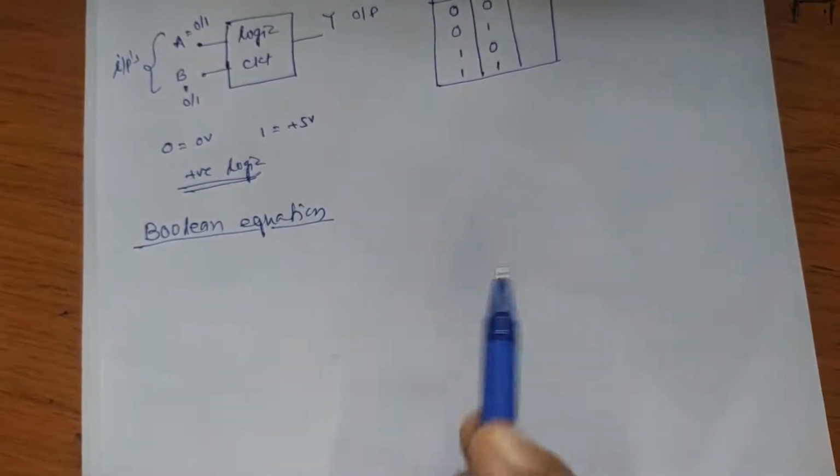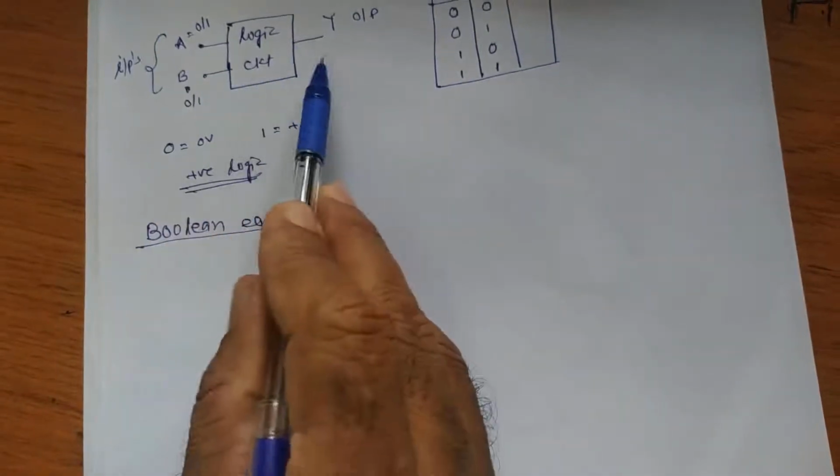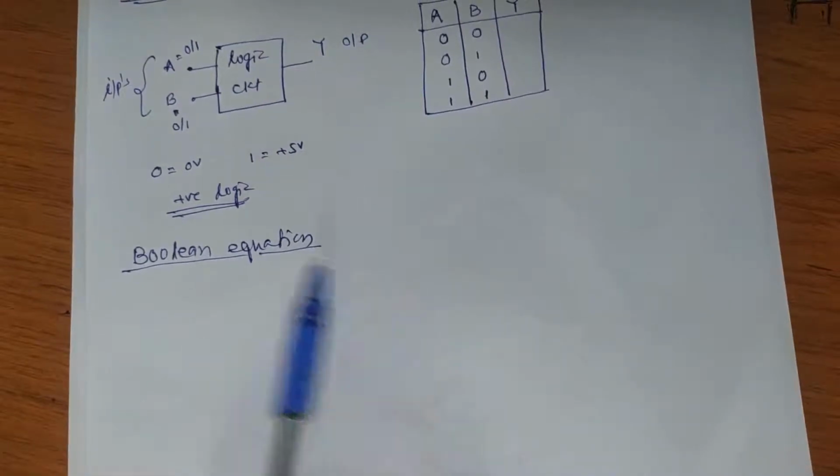The mathematical equation shows the relation between the inputs and outputs. Such a mathematical equation is known as a Boolean equation.